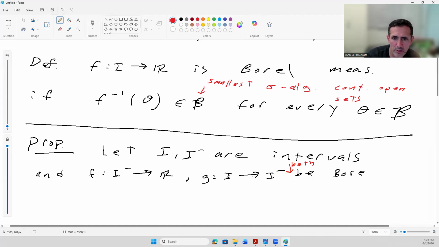Now, of course, here I'm thinking of the composition as a function from I to the real line.